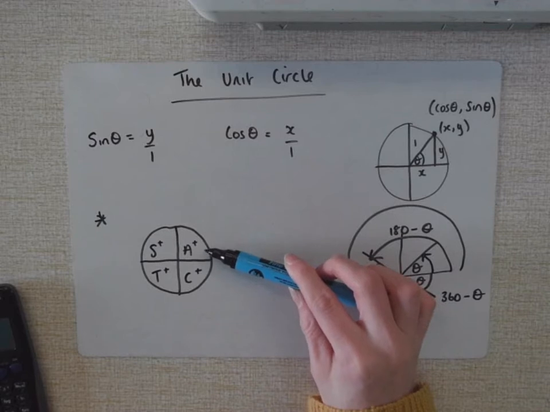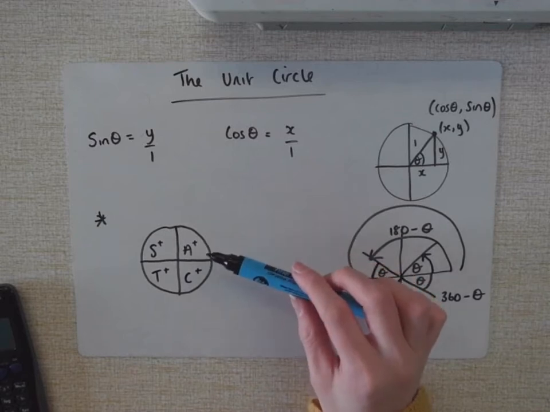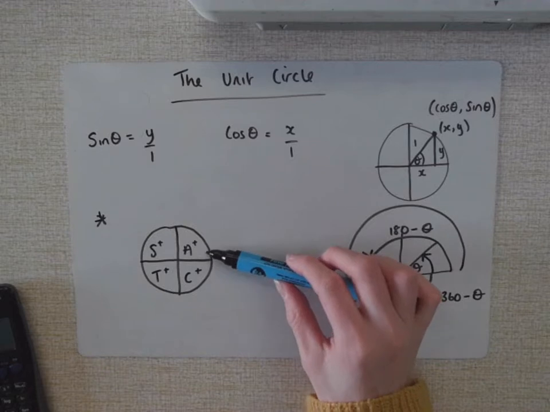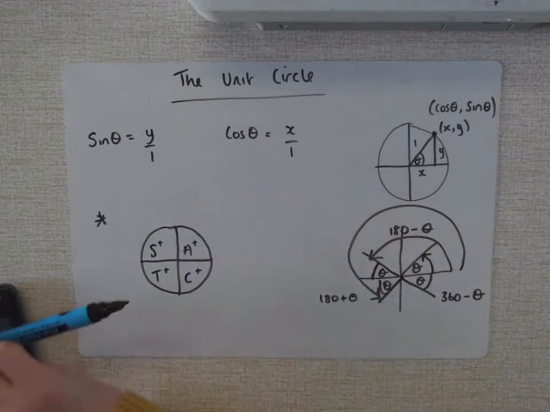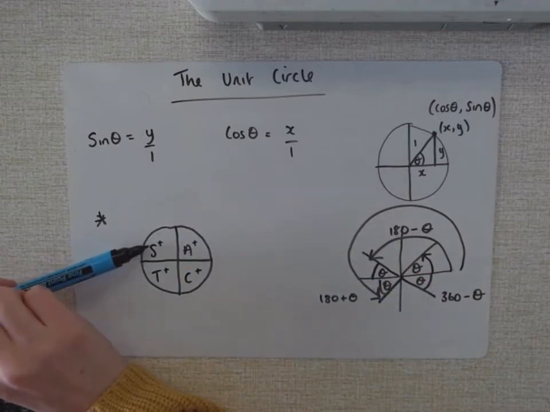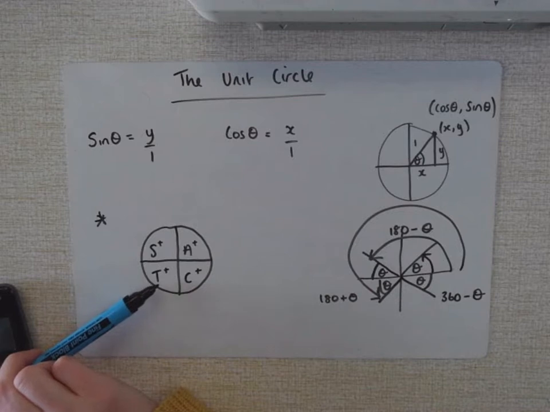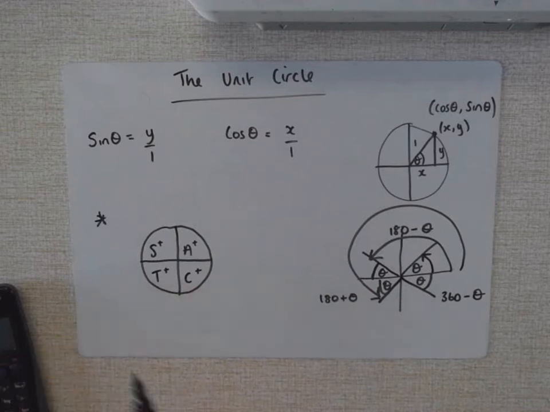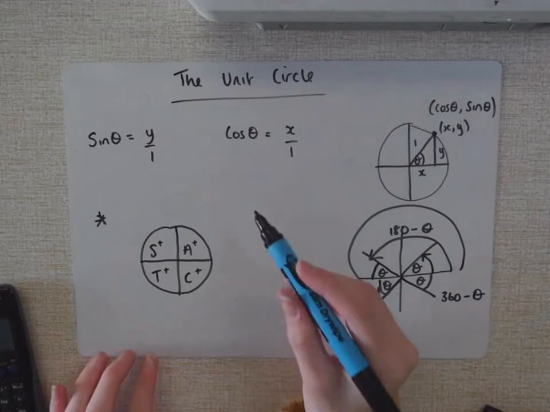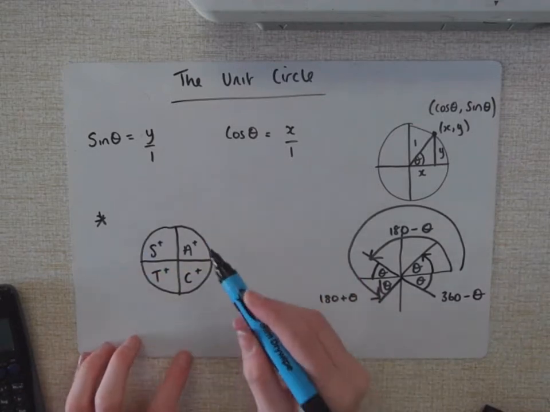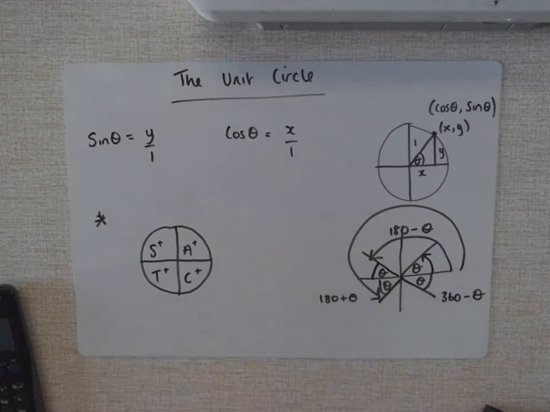Here, all of them are positive. Sine of 45, tan of 45, cos of 45, they'll all be positive in here. Over here, only sine will be positive, and here, only tan will be positive. So for example, will you take this down first? Really important, and you need to learn it.